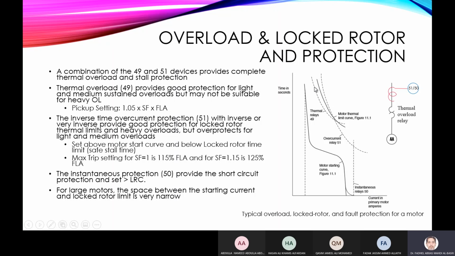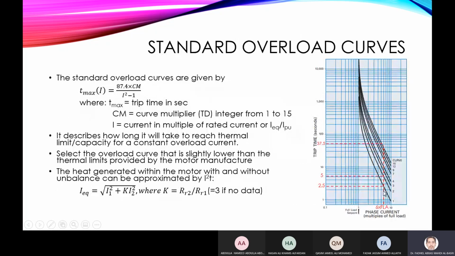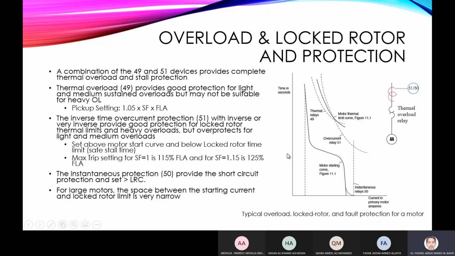This is how we set the thermal overload pickup setting, and for the time setting, you choose the curve, okay? The curve that, let's say, at the starting current provides a delay higher than the starting current, somewhere here, okay?